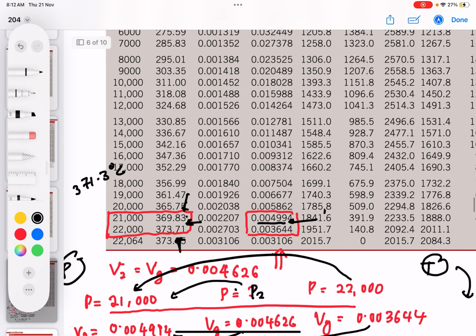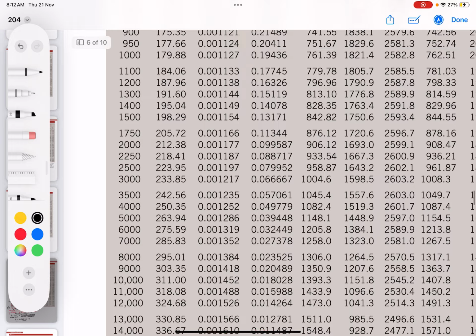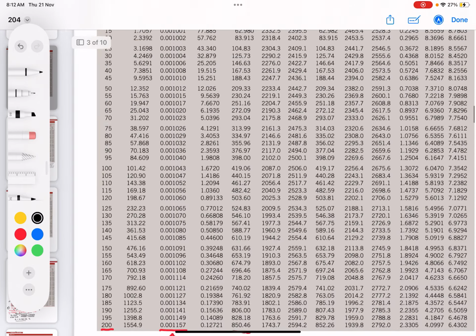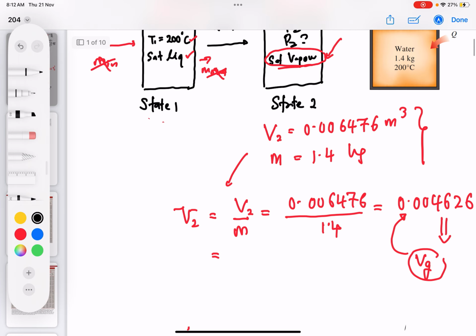So the value should be in between this value, and then let's say I'm getting something like 2201.5 kilojoule per kg, because I have to do another interpolation by using the value of Vg here and also Ug here.